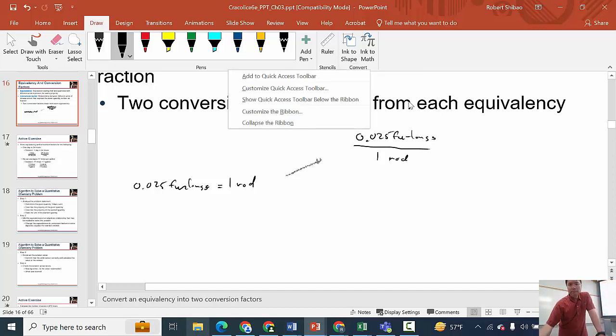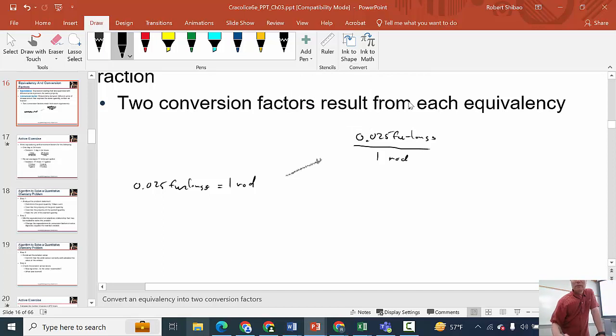The other conversion factor that we get from this is just invert this. So we'll put the rods on the top. So we have 1 rod on the top, and then we'll put the furlongs on the bottom. So if I had 100 furlongs, just multiply this by 100. So that would be like 4,000 or something.